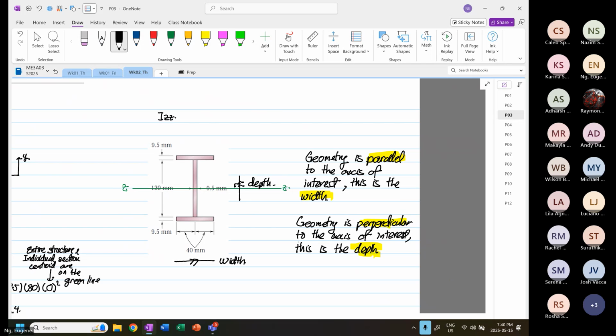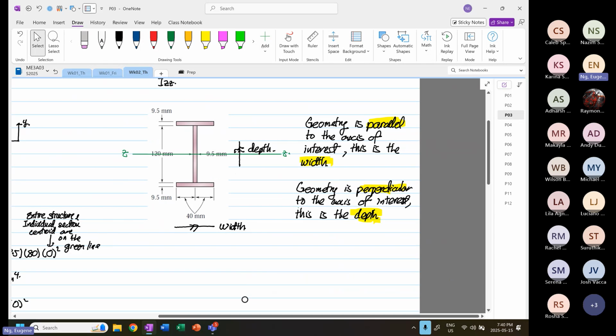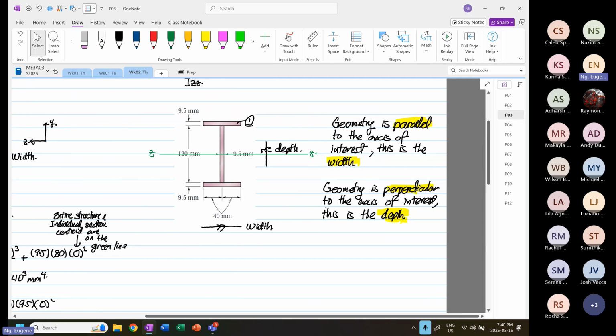So again, I'm going to label this as 1. I'm going to label like before, this is our section 2 and our section 3. So we are going to find our IZZ.